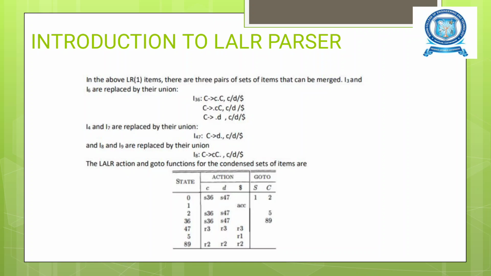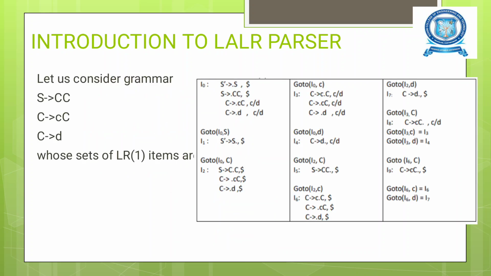Now we modify the table: state 6 is removed and state 3 is replaced by 36. Likewise the items 4 and 7 have the same first component and differ only in the second component.